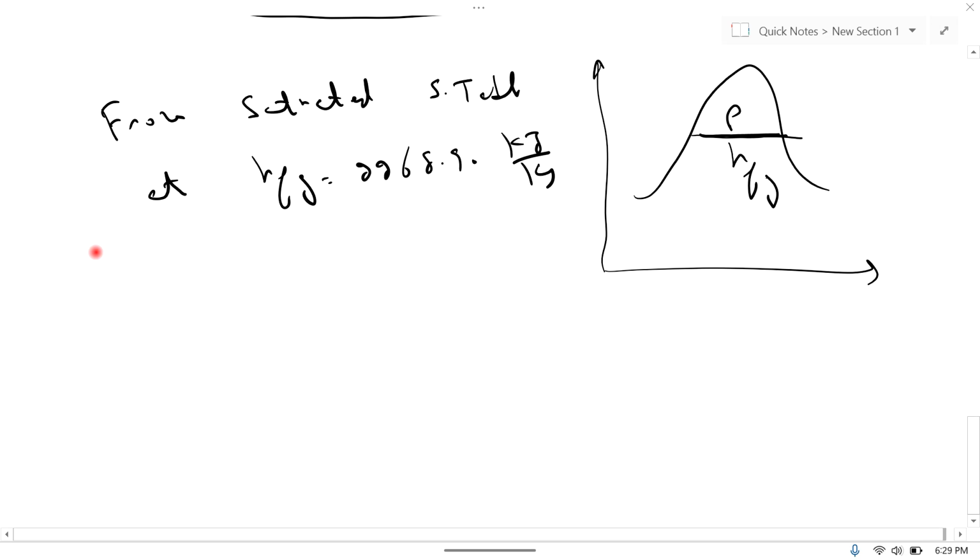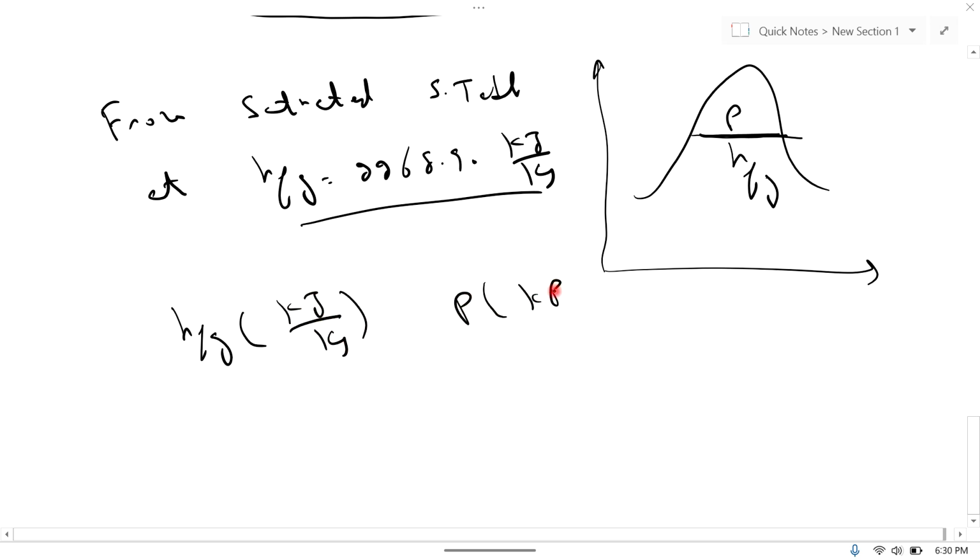This value is not available in the table, so we will do interpolation. The h_fg unit is kilojoule per kilogram and the pressure unit is kilopascal.